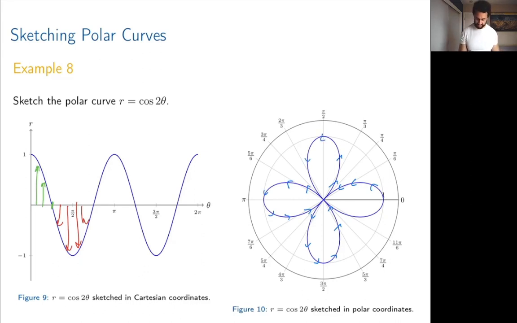So here's how it's really being graphed. So it's going to start here at this point, and then it's going to go this way, and then around, and then around, and then around, and then right back. Let's see that again. Like so. That's what the curve looks like. That's the trajectory of the curve.